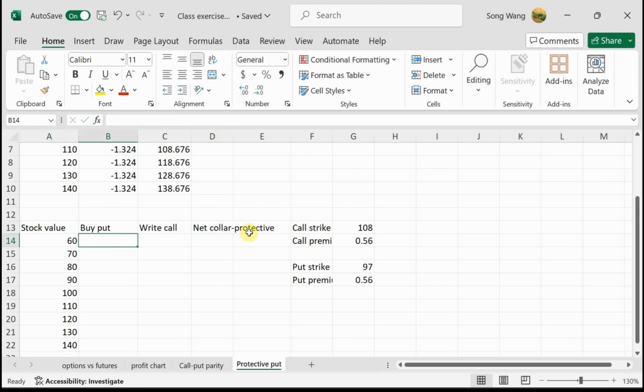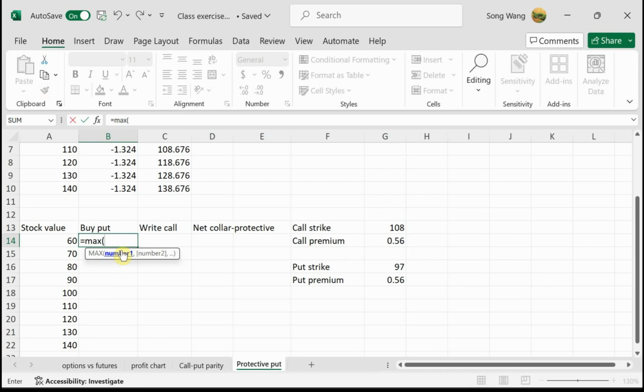So if you buy a put, then you would get a max of 0, or the put strike you're going to sell at minus the stock value. And don't forget, you're going to pay for the premium. And make sure you lock the strike and lock the premium before you drag it down.